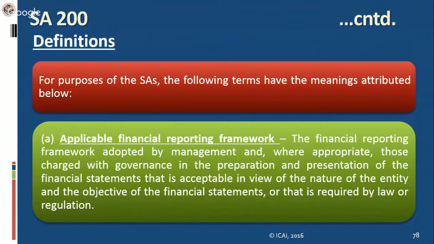Applicable financial reporting framework. So this is the financial reporting framework adopted by management, and where appropriate those charged with governance in preparation, and that is acceptable in view of the nature of the entity, or that is required by law or regulation.